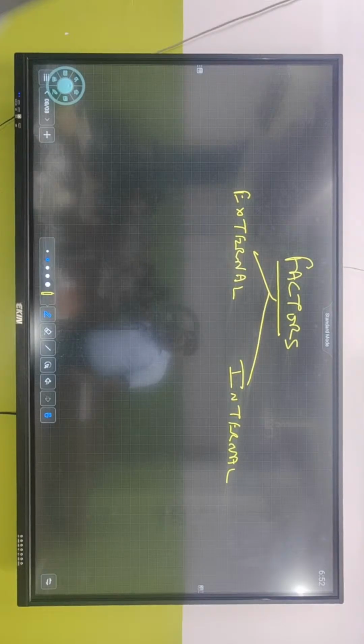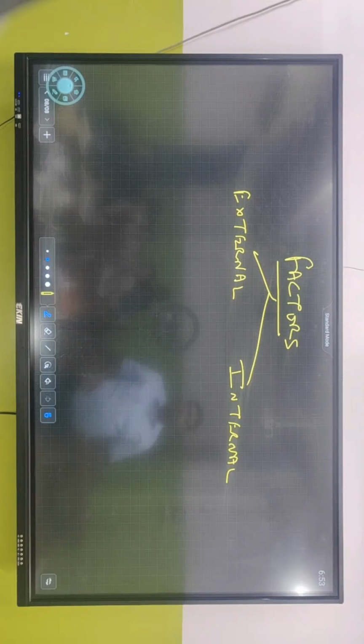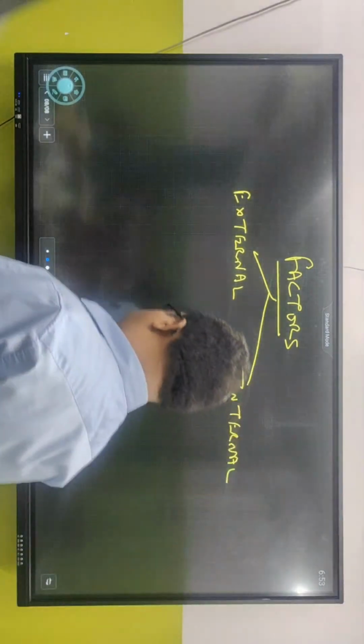Tell me the factors which can come over here. Okay, factors, external and internal.